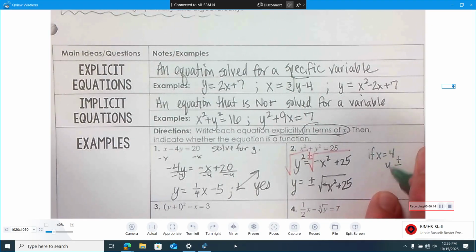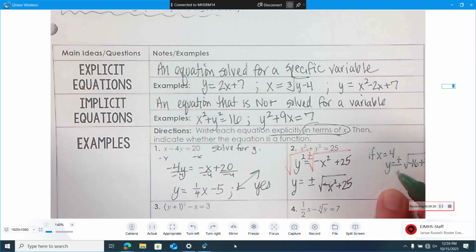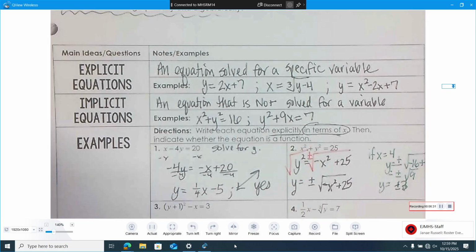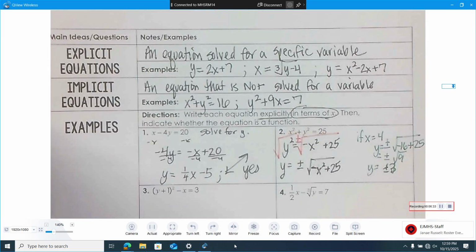So if I plug in a 4, right now I'm looking at negative 16 plus 25, 9. Okay, so we have plus or minus the square root of 9. And so then we have plus or minus 3. All right, so y equals plus or minus 3. If I plug in a 4, how many outputs are there? 2. There's a positive 3 and there's a negative 3.